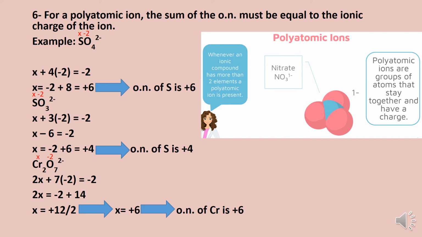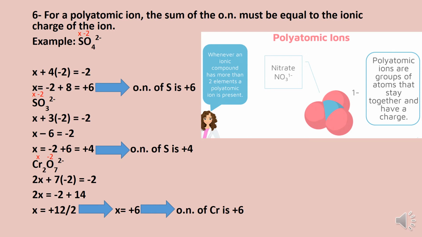Let's take the dichromate ion, which is Cr2O7 2-. The oxidation number of Cr is unknown. We have to solve it. Here you have 2 atoms of Cr present in this polyatomic ion, so you multiply 2 by X. So you will get 2X plus oxygen.